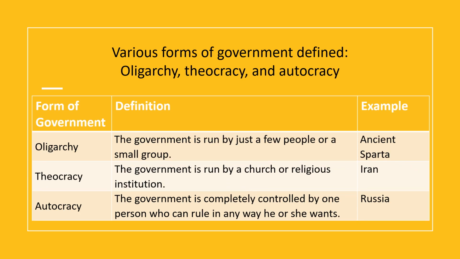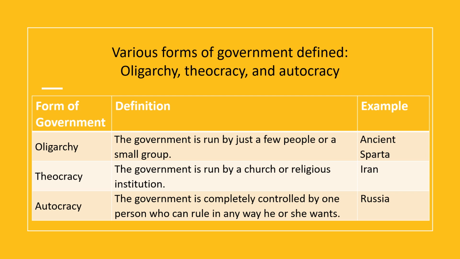We also look at oligarchy, theocracy, and autocracy. An oligarchy is a situation where the government is run by just a few people or a small group. This approach to governing was practiced in ancient Sparta.